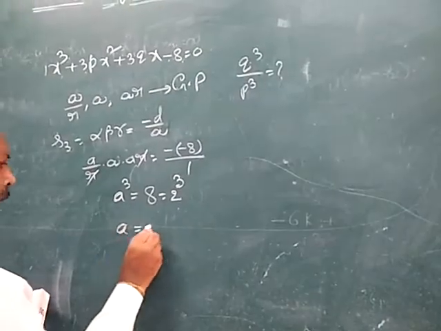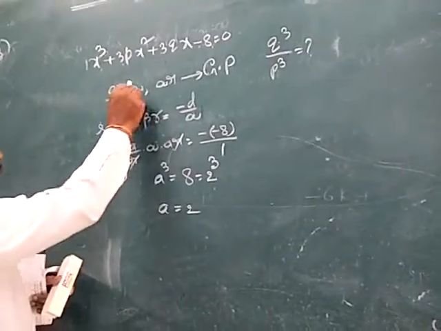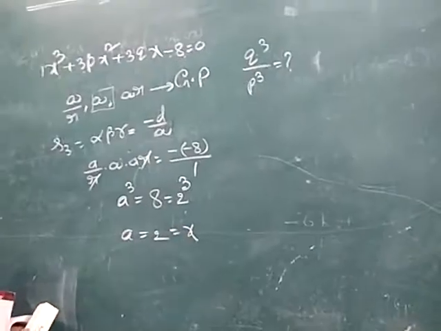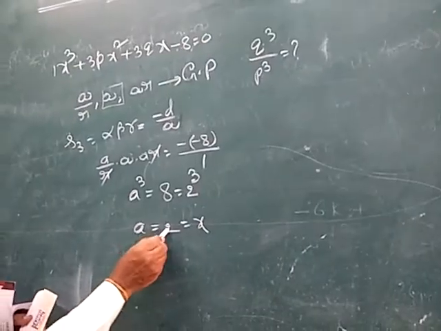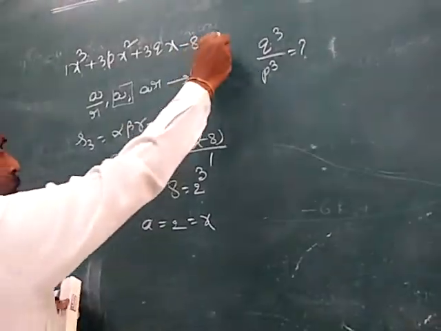So a value is 2. a is nothing but the root, that is the value of x. Substitute this x value in equation number 1.